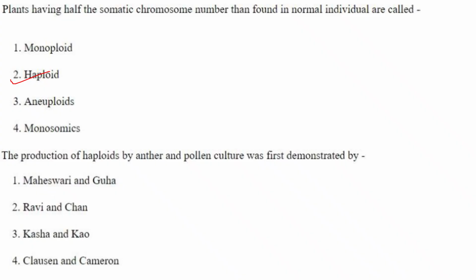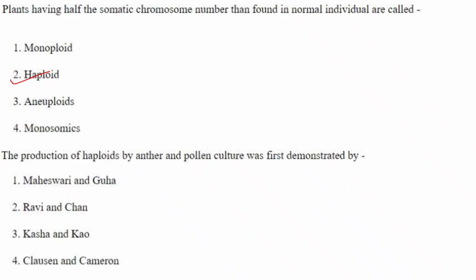Haploid will have one complete set of unpaired chromosomes, and monoploid means an organism having a single basic set of chromosomes. Then aneuploids means abnormal number of chromosomes.